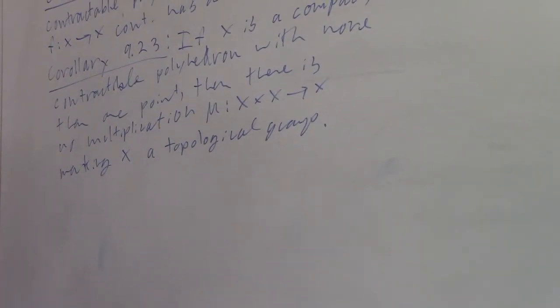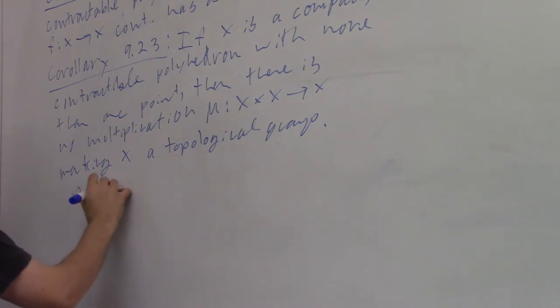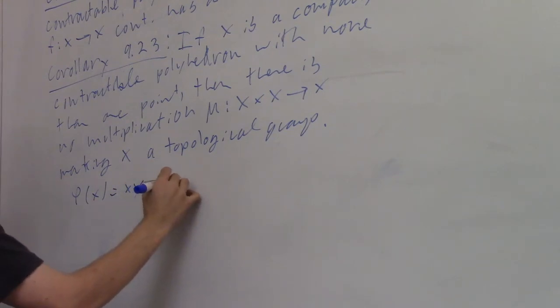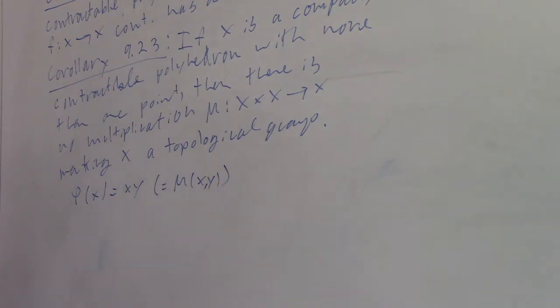So proof. Suppose X were a topological group. Choose y an element of X with y not equal to 1, which I guess is why we need more than one point. Then phi from X to X defined by phi of x equals x times y, which is mu of x, y, is a continuous map having no fixed points, since y is not equal to 1.